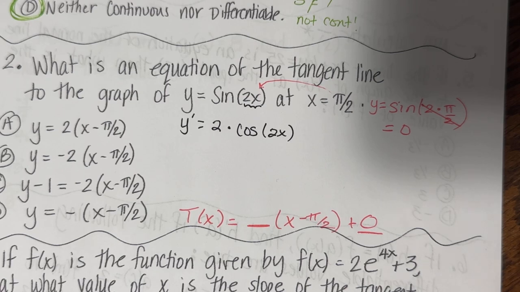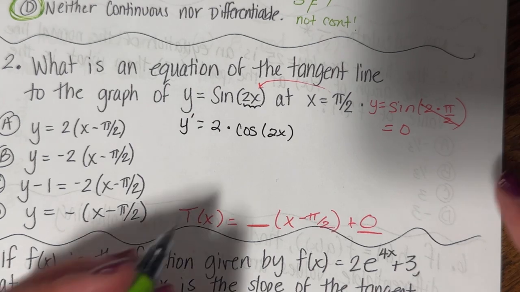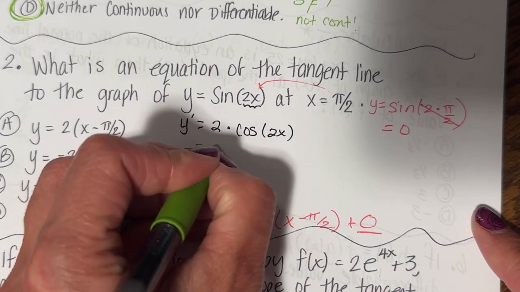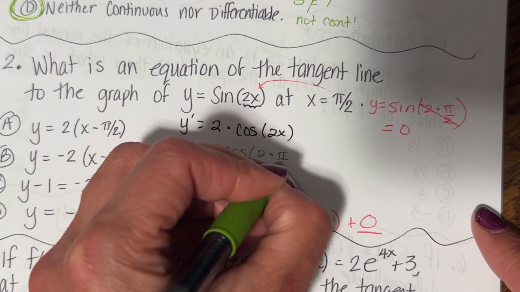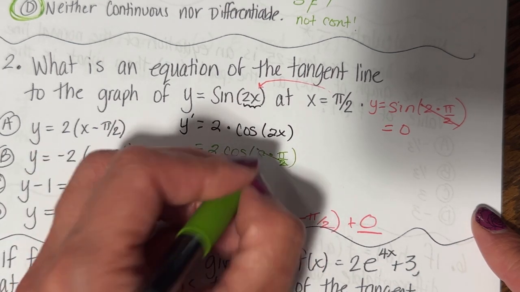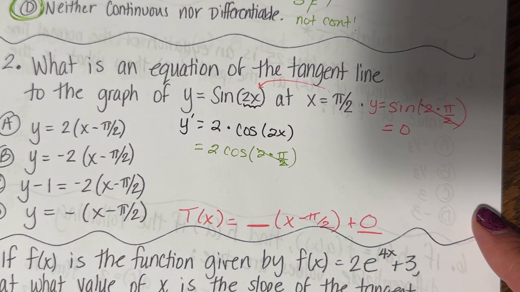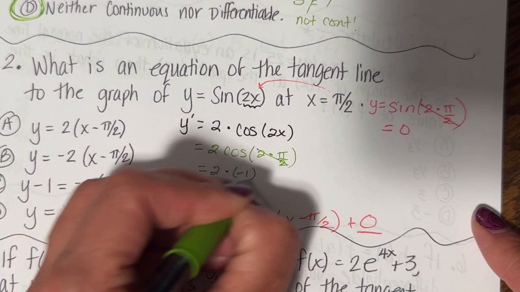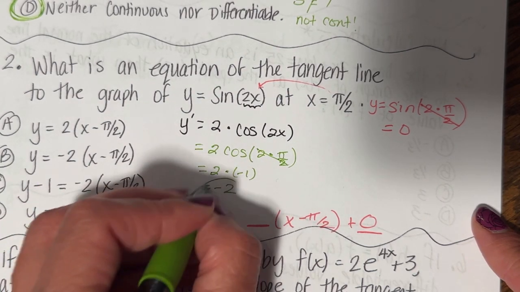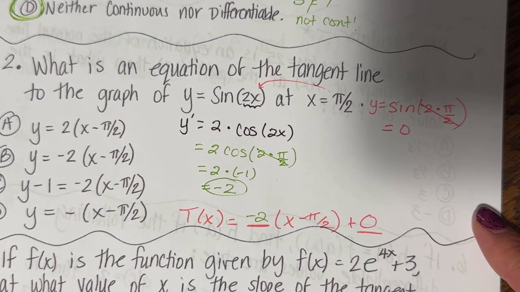Well, now I need to plug in the x value in question. So that is 2 cosine of 2 times pi over 2. And those 2's cancel again. And we already know the cosine of pi is -1. 2 times a -1 is -2. That is the slope.